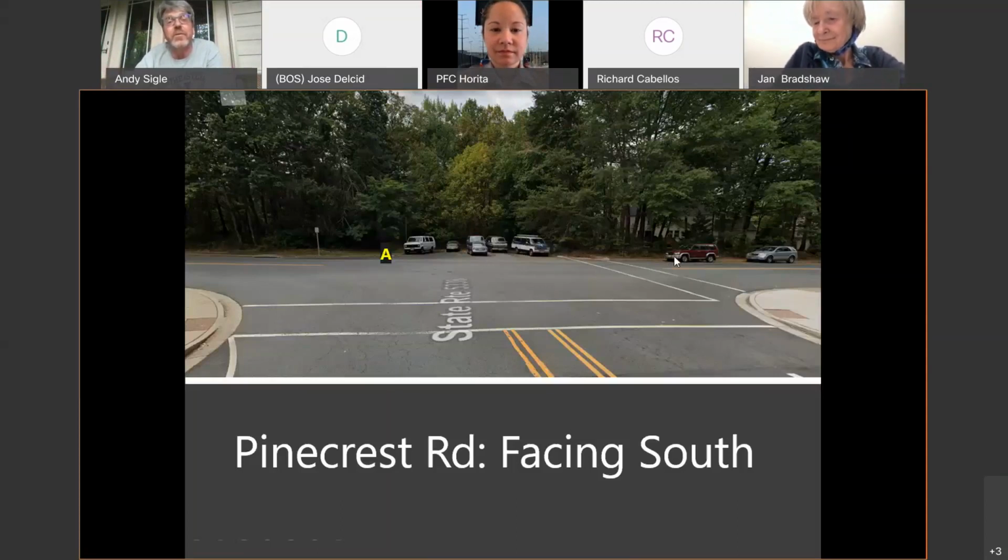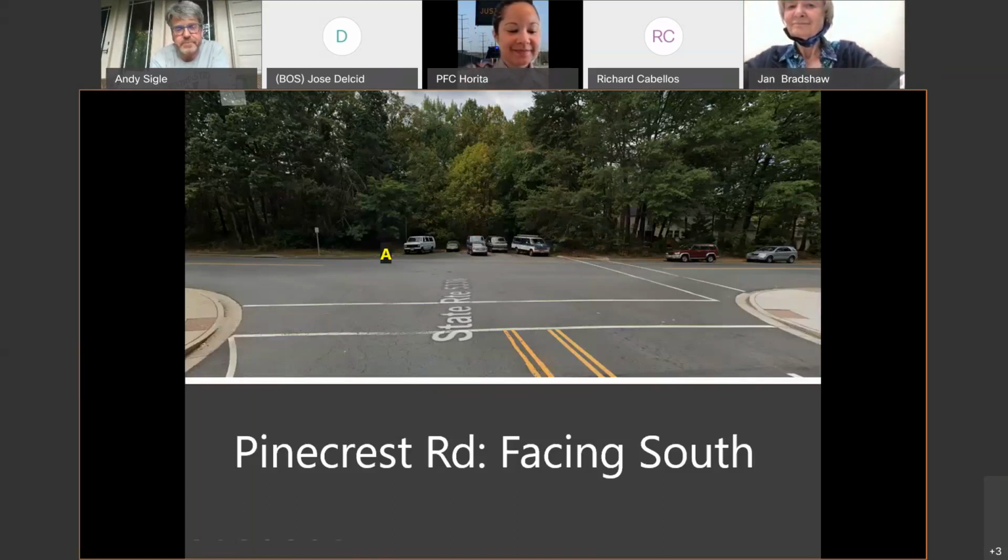Right where your cursor is, at the end there. It connects to dirt and woods and a curb that you jump down into that bump out area. So as I saw this picture, I think we needed an A prime there that needs attention. Let's all make a note of that.